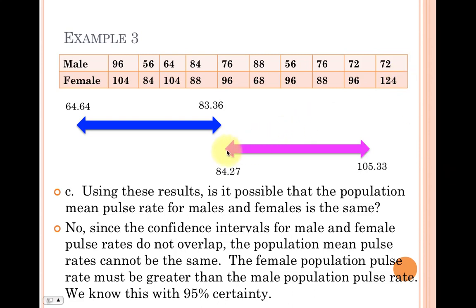So, with 95% certainty, we can say that the two population mean pulse rates are different and that the pulse rate for females must be higher. If the confidence intervals overlapped, then with 95% certainty, we could say that they could be the same. But since they don't overlap, with 95% certainty, we say that they must be different.